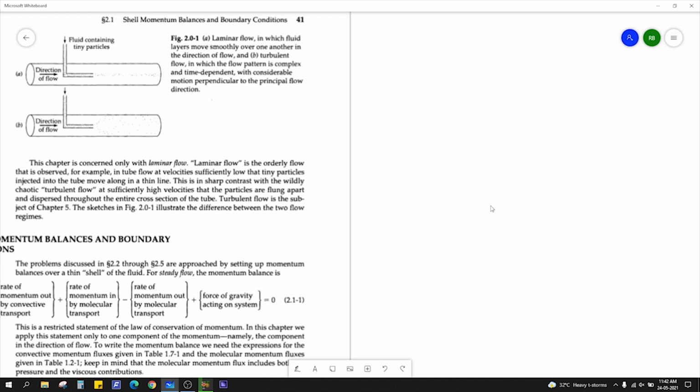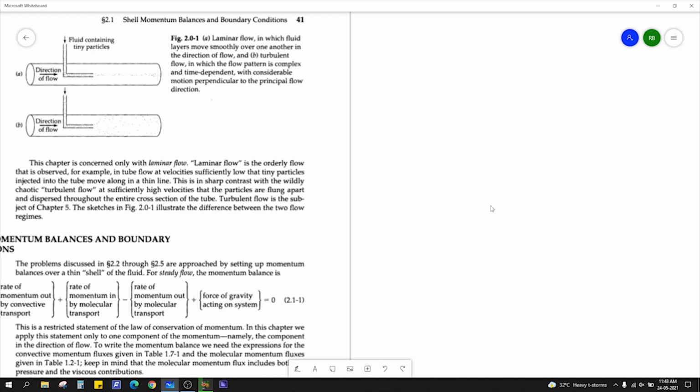So we'll be studying various problems like falling film, flow over a plate, flow of some fluid inside a circular pipe, flow of fluid inside an annulus, and we'll obtain the various values like velocity profile, maximum velocity, mass flow rate, and so on.